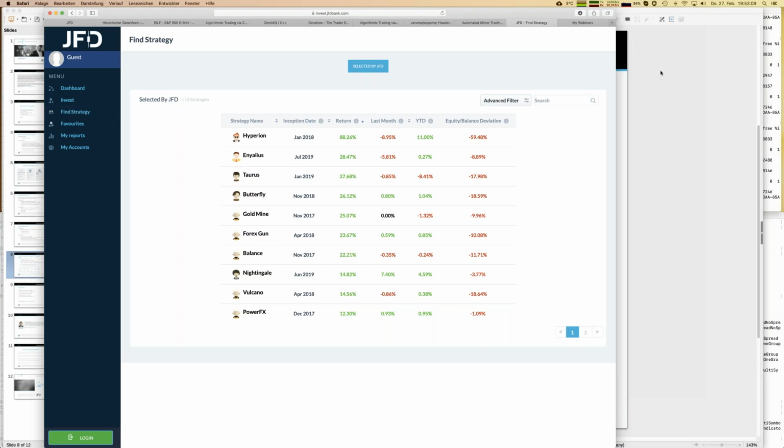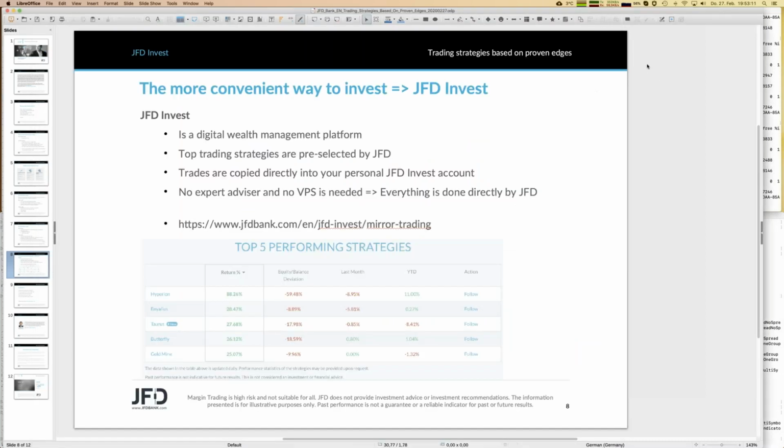But anyhow, that's something you will see with those trades. So you get a feeling of what other people are doing, and hopefully you already earn some money with that trade copy activity. That is JFD Invest.